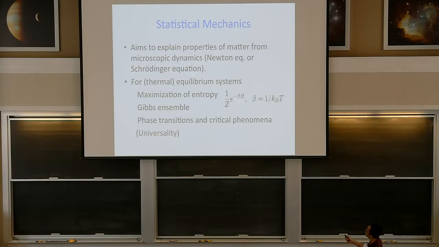Anyway, this Gibbs ensemble says that a state with energy H appears with probability proportional to e to the power minus beta H. This is the prescription for the probability of finding the system with energy H, or Hamiltonian H. And Z is just a normalization constant called the partition function in statistical mechanics.